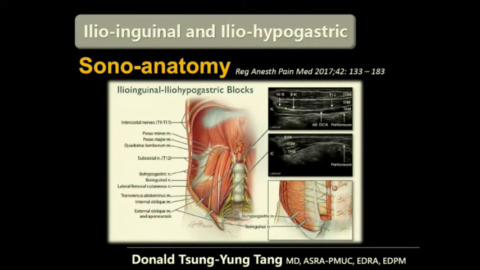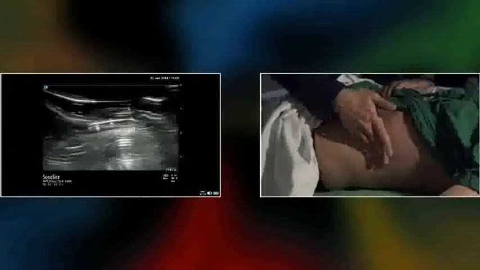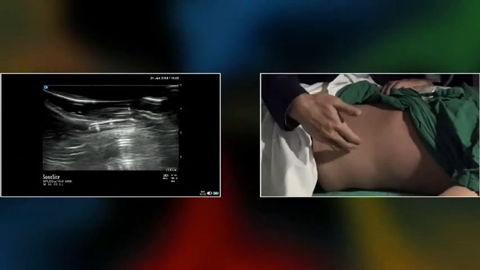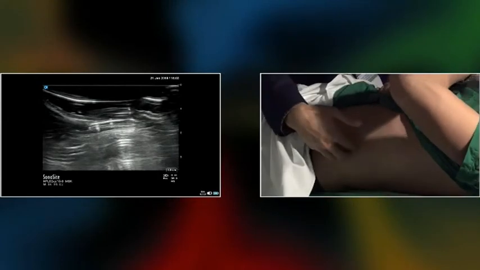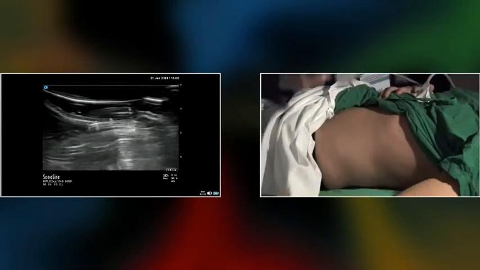So we're going to move to the ilioinguinal block. First, palpate the iliac crest and the 12th rib, and place your probe midway between these two structures.